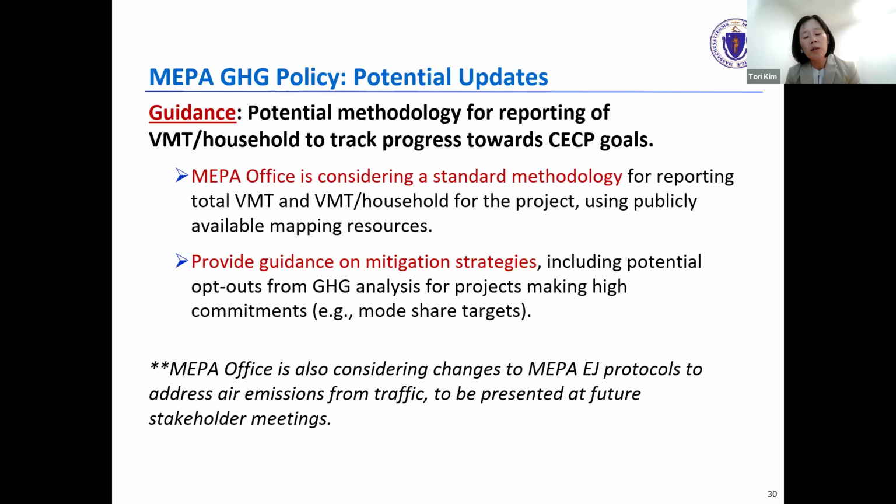And if the commitments are high, for example, high mode share targets, there could be some opportunities for opt-outs similar to the stationary source. And then just a note here that we're also considering some changes to our environmental justice protocols, because the more traffic is generated, there are also air quality impacts to already burdened areas. So there could be some corresponding changes in the future related to environmental justice.